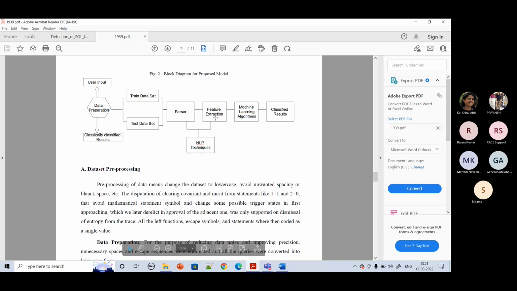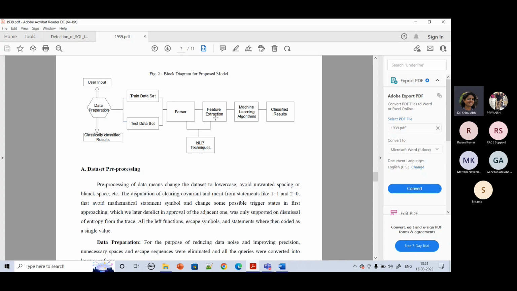Feature extraction is the important thing because SQL queries can be mutated differently to bypass the logic, but feature extraction should be able to detect the input for the machine learning algorithm. Based on that, it will be supervised machine learning, so it will classify whether the particular input is malicious or not. I also thought of making it an API, so that it will be an independent machine learning engine which can be used to validate SQL injections. That's the high level thought which I had.